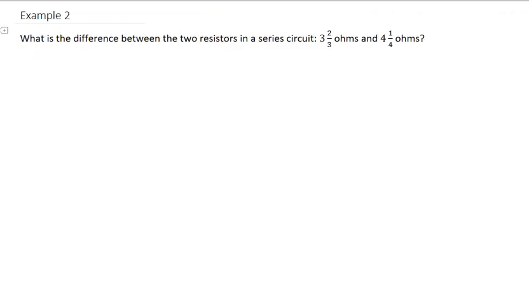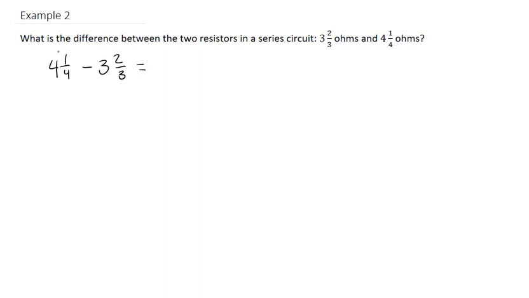Example 2. What is the difference between the two resistors in a series circuit? 3 2/3 ohms and 4 1/4 ohms. So for this problem, we're doing subtraction. So we're going to take the larger number and subtract the smaller number.